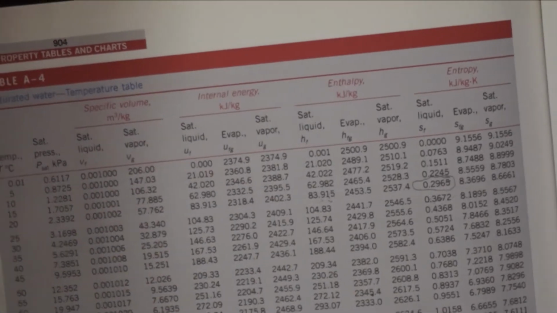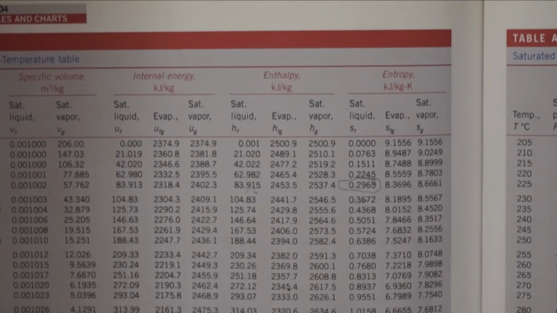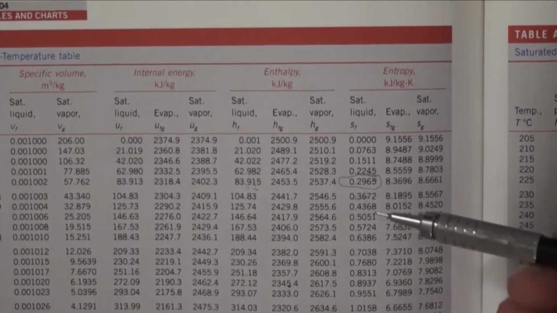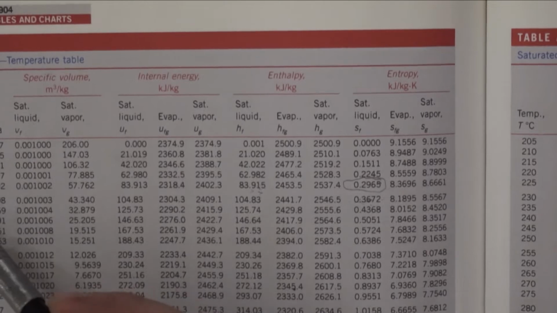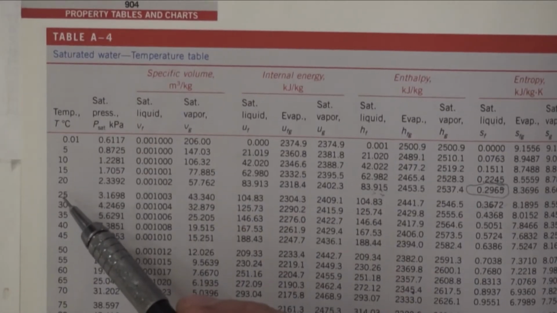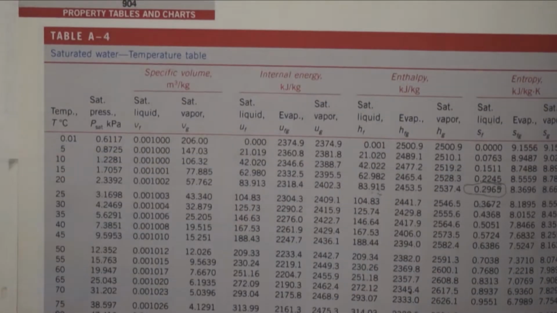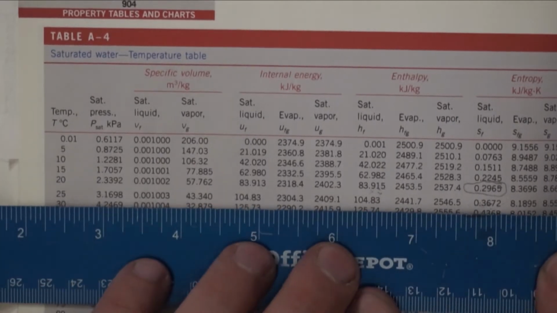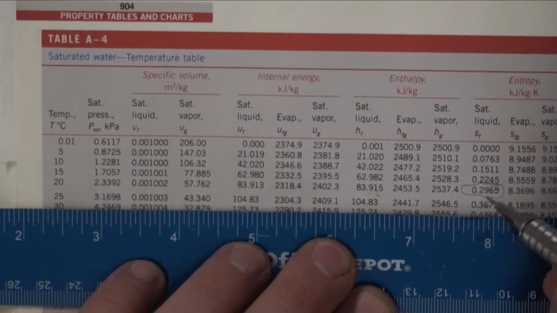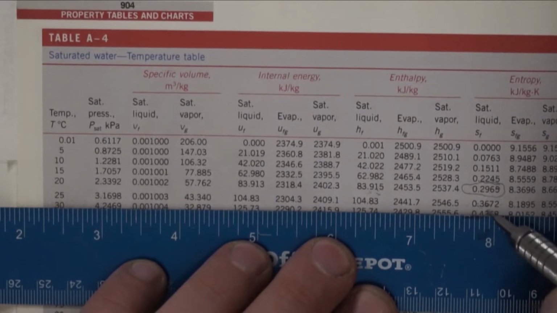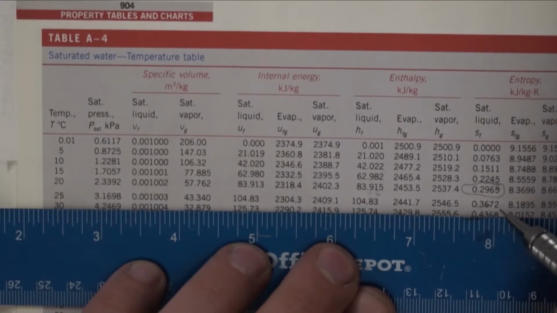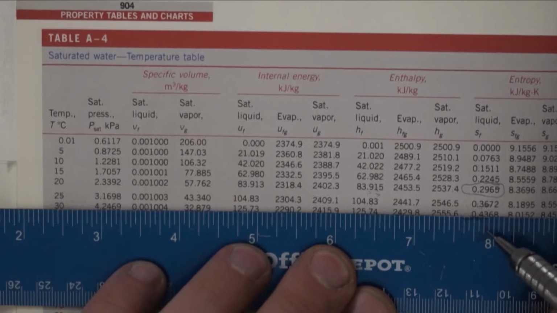Now when you get that value, that 0.1, we're going to do the same thing we did with the temperature. At 25C, right here, I'll line that up for you, we have lower than the saturated liquid line. So we know we're in a compressed liquid, because right now the saturated value is 0.3672 and we're at 0.1.